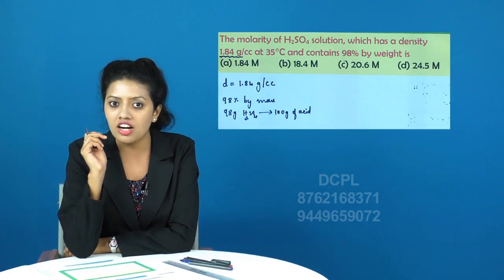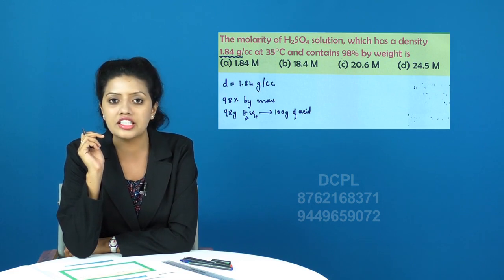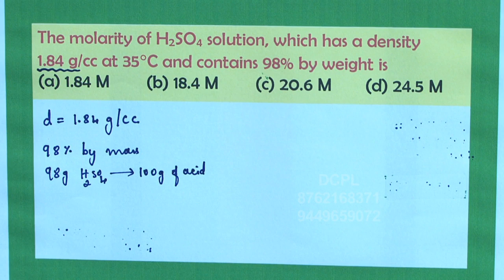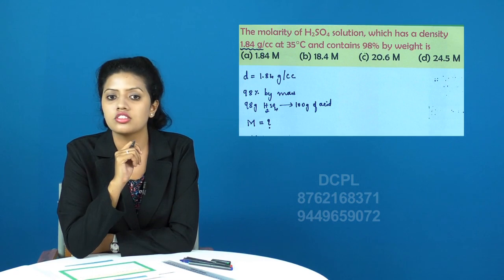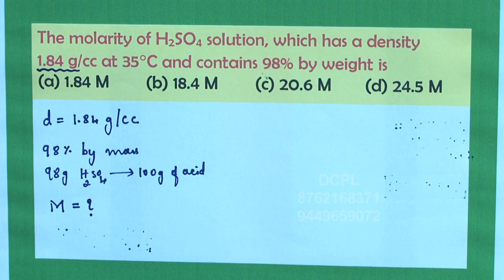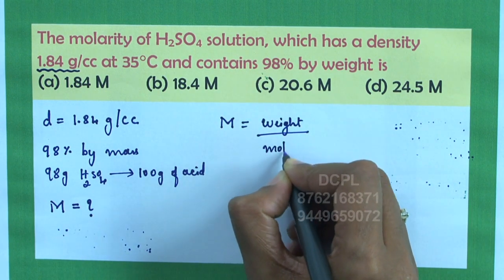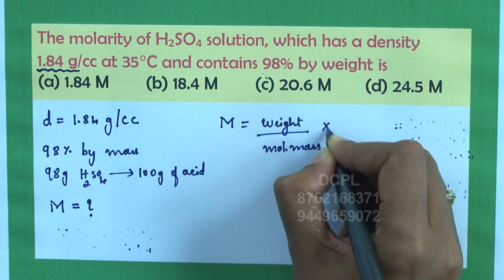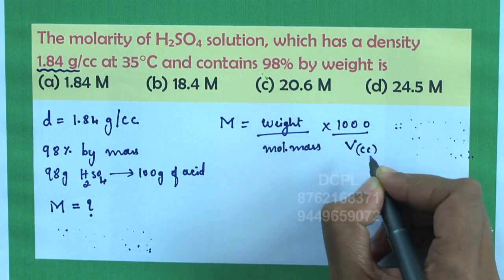Since the options are in terms of molarity and also in the question they have specifically asked to find out the molarity, the unknown parameter here is the molarity and hence the question mark. The molarity formula is given as M is equal to the given weight of solute divided by the molecular mass of the solute into 1000 divided by volume in cc.